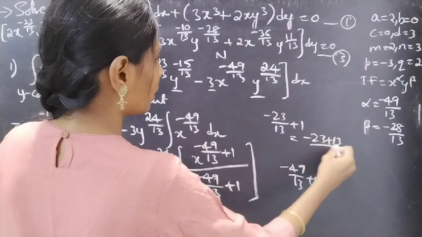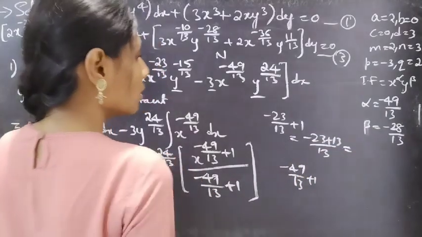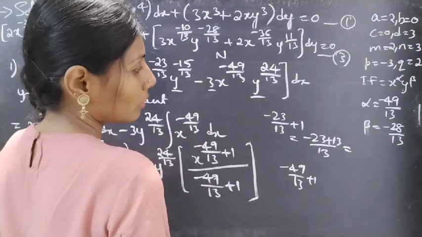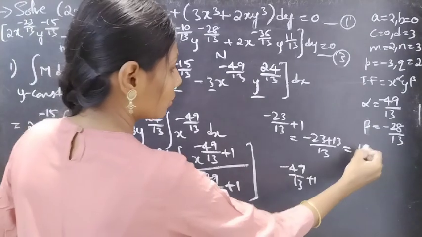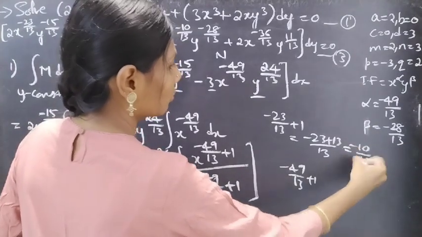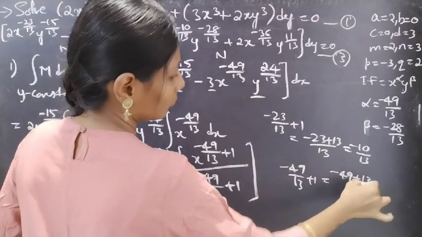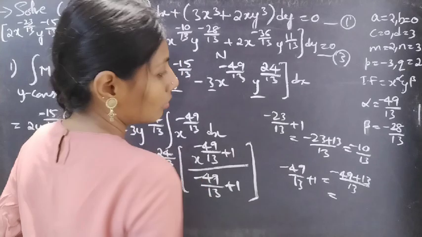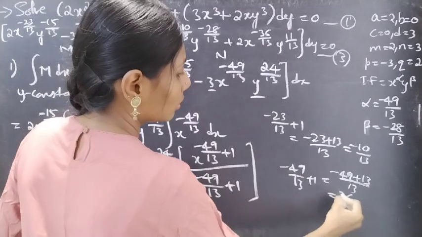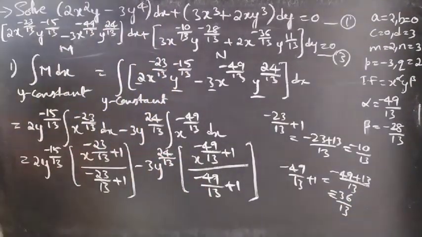23 plus 13 by 13. Minus 23 plus 13 gives minus 10, so minus 10 by 13. Okay, and here we'll get minus 36 by 13.